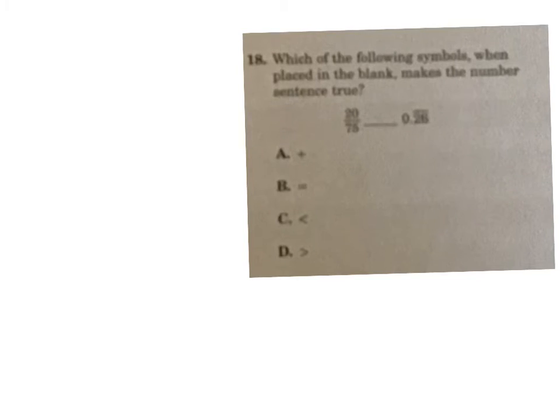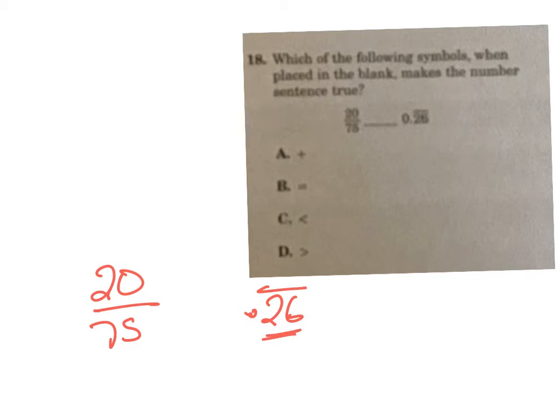Number 18. Which of the following symbols, when placed in the blank, makes the number sentence true? Okay, so we have 20 over 75 and then we have 0.26 repeating. So this number here is actually 0.26262626262626, and on and on.